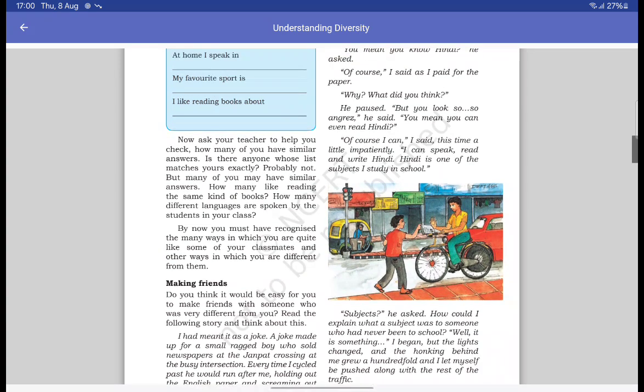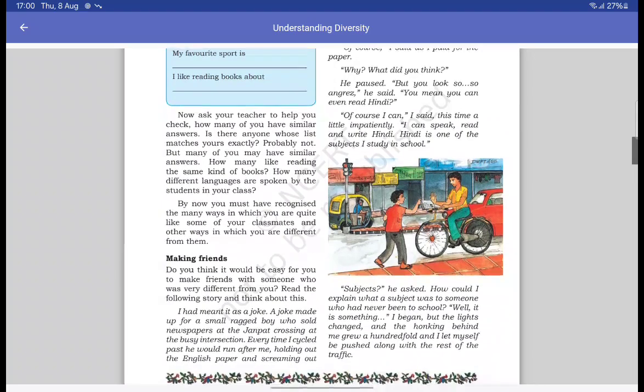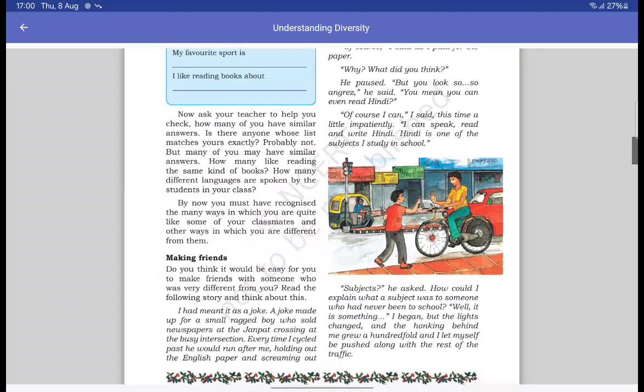And this story is from the side of the bicycle rider. So just imagine yourself in his situation, and then think about how you would react to such a person's words, to such statements in fact. Like, would you be able to explain to him what a subject is?